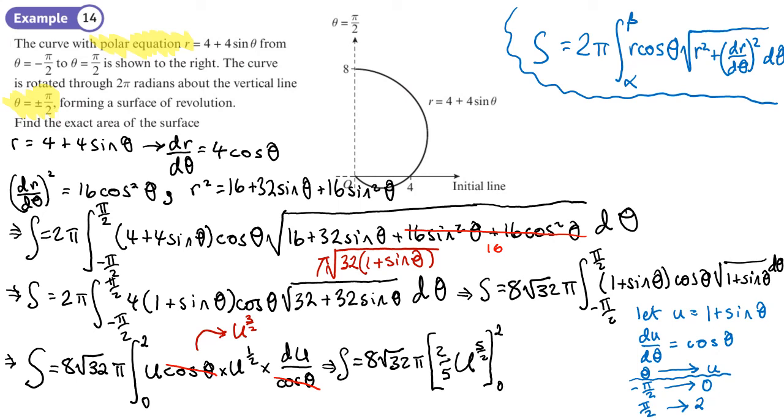Working that out on our calculator, obviously when we substitute 0 in, there's not going to be anything. So it's basically 8 root 32 pi times 2/5 times 2 to the power 5/2, and that gives us 512 pi over 5. So I'll just highlight that there as our final solution.